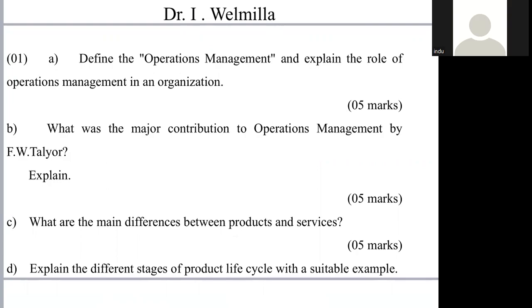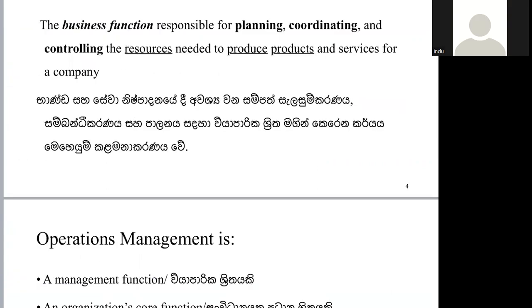I think we have also discussed this part in our lecture series, under the historical evolution of operations management.